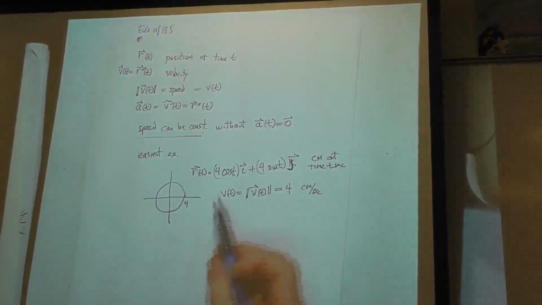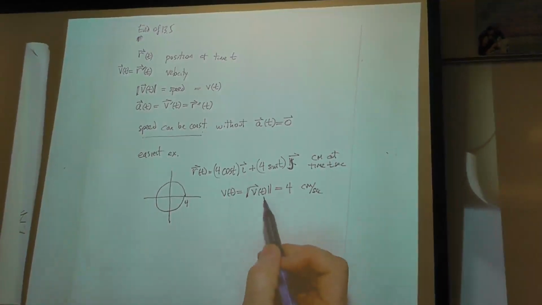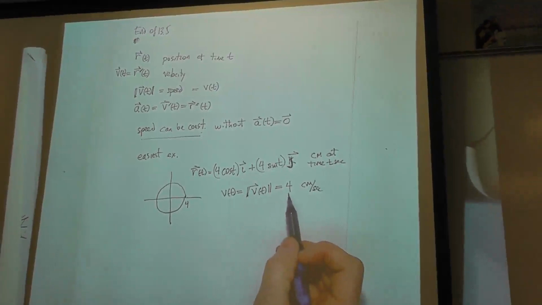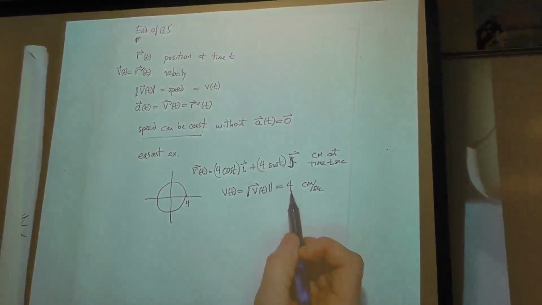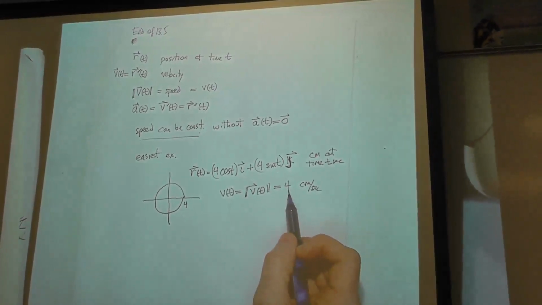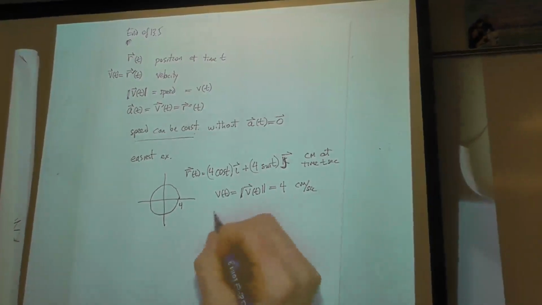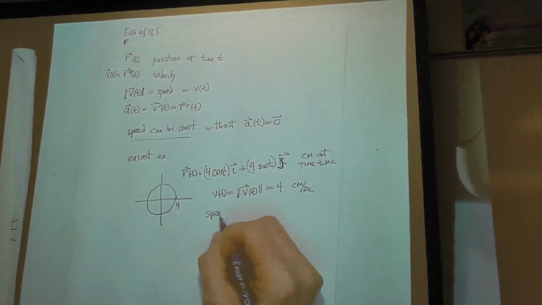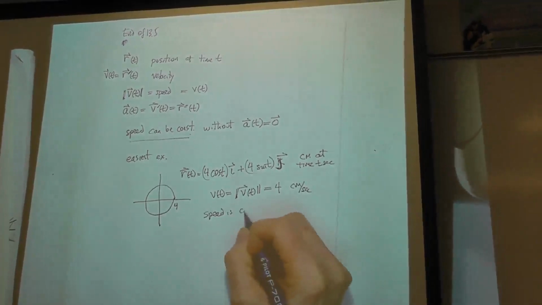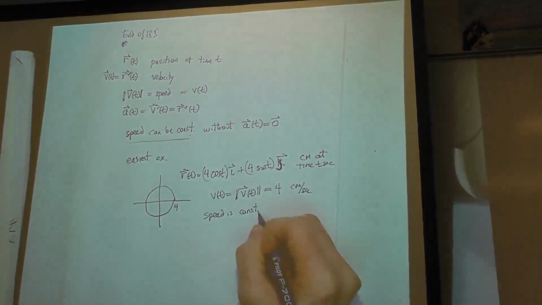So to get your velocity out, you differentiate this one time. You take the magnitude, you get a speed. Okay? And one would notice here that speed is definitely constant in this instance.